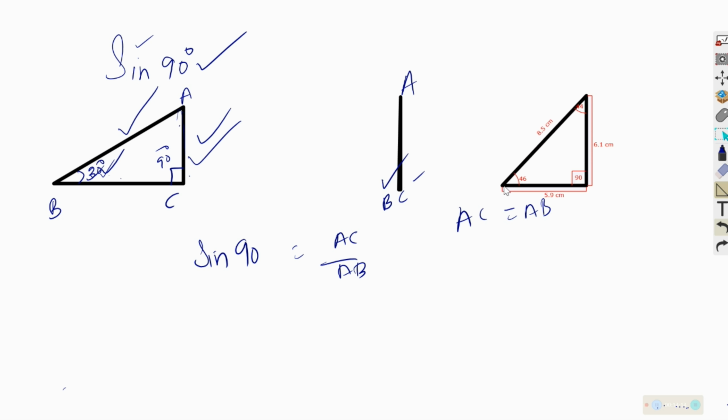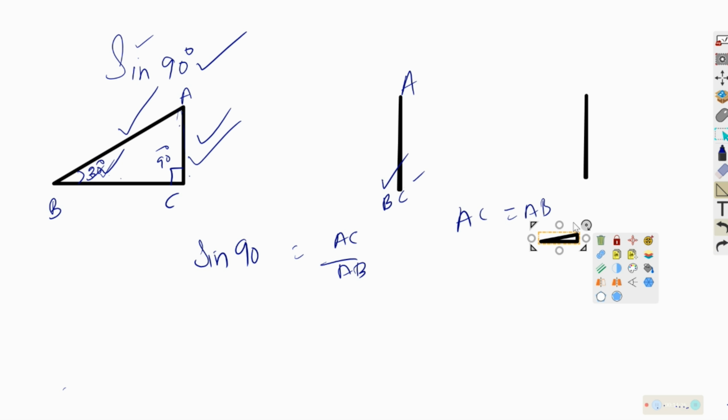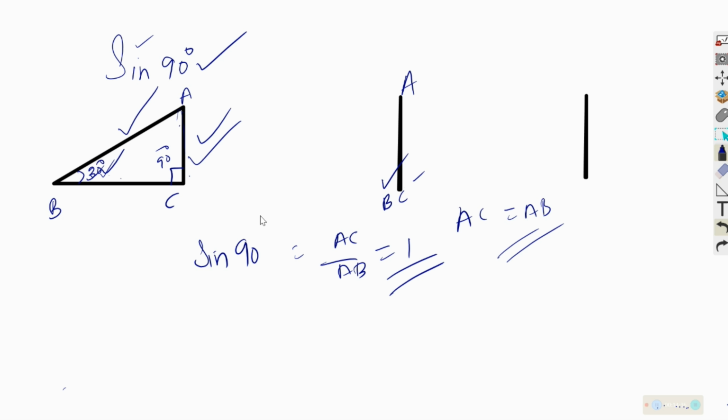See, when I bring it down, AC is coming close to AB and it becomes 1. So AC became equal to AB. Understood? So, if both are same, answer is 1. So, sine 90 degree is equal to 1.